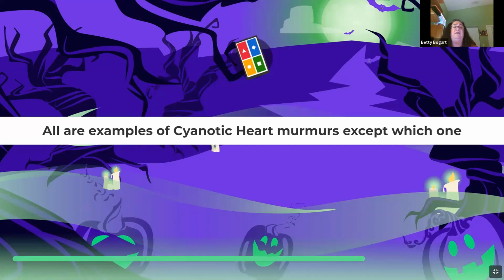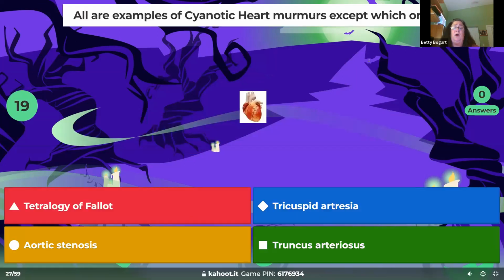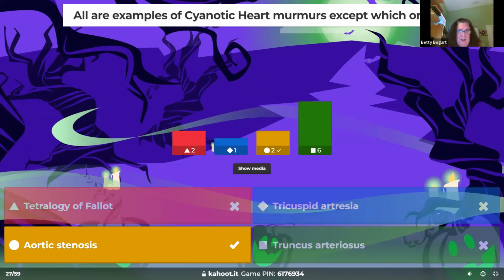All are examples of cyanotic heart murmurs except which one? Again, this is going back and looking at the list. Some of these I just mentioned. I don't go into the full detail on them because you'll get totally confused. It took me many years to learn all of these diagnoses.